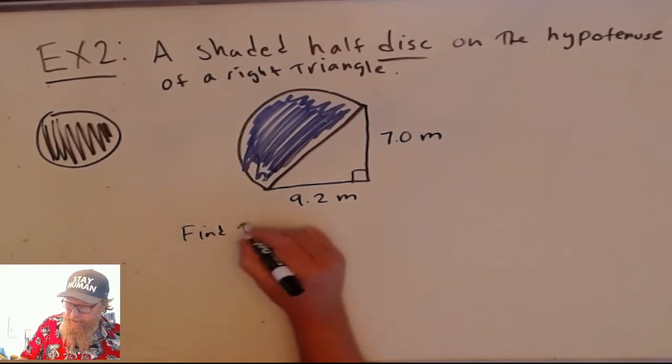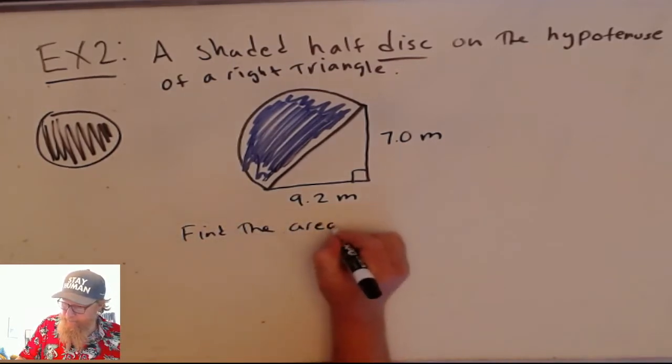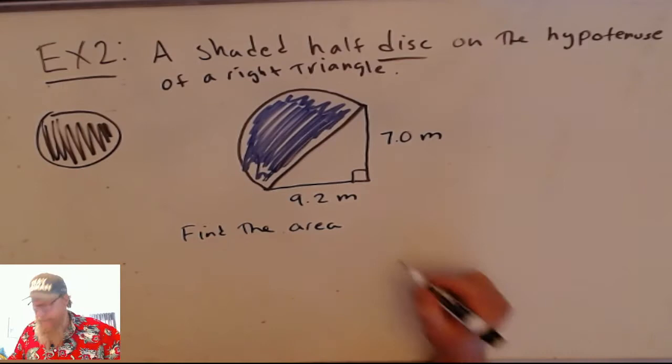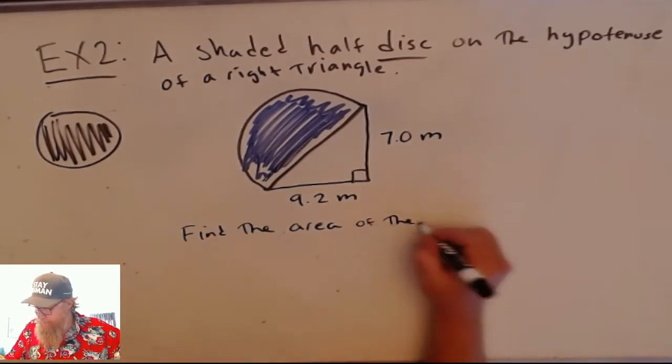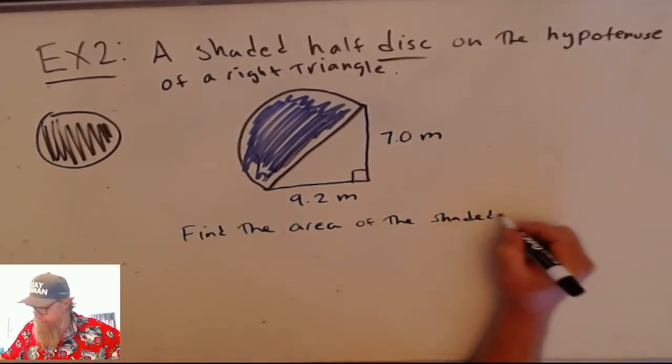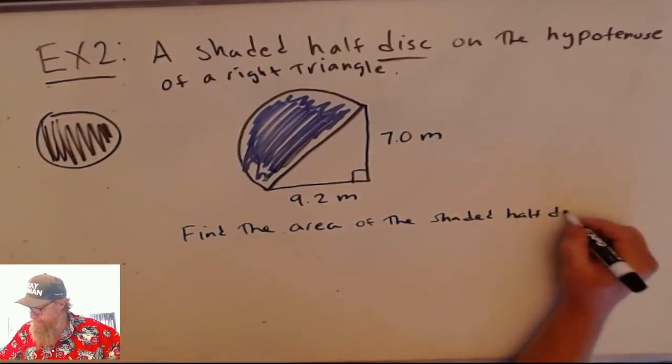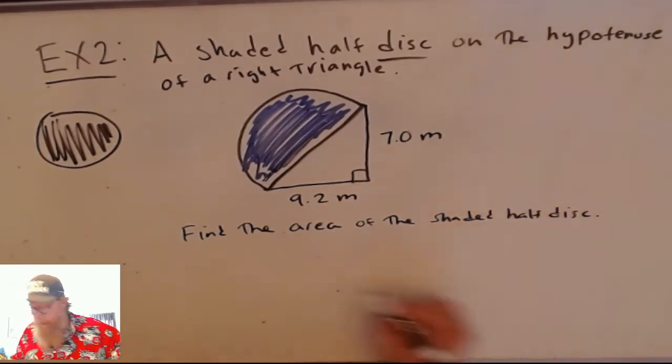Find the area, we covered this in a previous section, of the shaded half disk. Let's round to the nearest tenth.